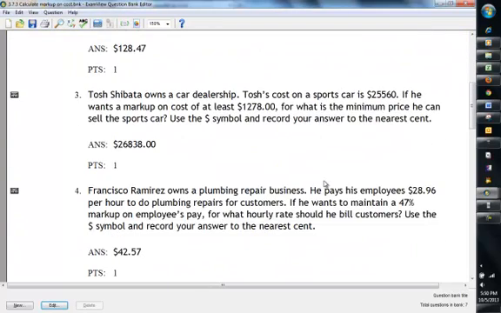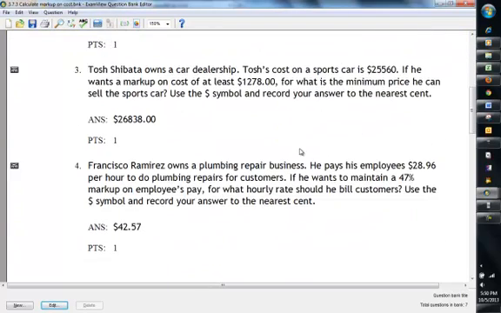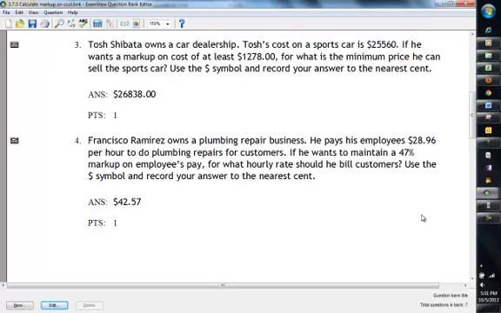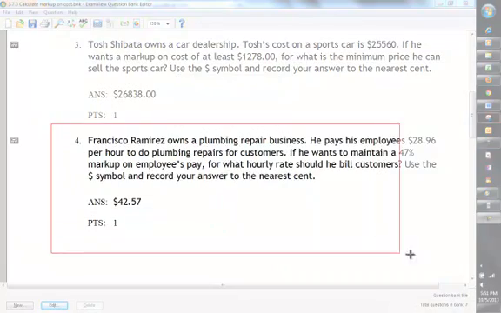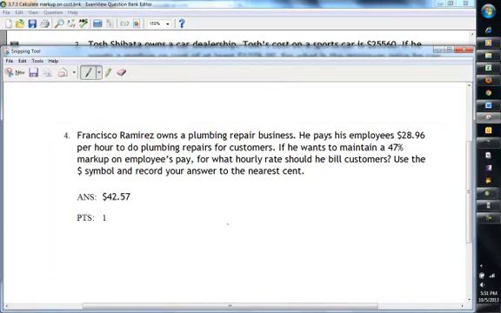Next, we already answered that one. Francisco Ramirez owns a plumbing repair business. He pays his employee $28.96 per hour to do plumbing repairs for his customers. If he wants to maintain a 47% markup on an employee's pay, he pays his employees $28.96 per hour.